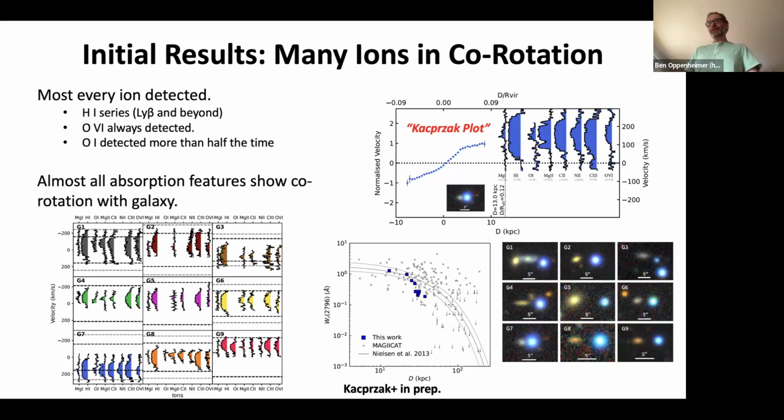We see that again here. And in fact, we can contrast the rotation curves in different ions. I'll give you more of a summary plot in the next slide. But all 9 galaxies, it's a 9-galaxy survey, show co-rotation in most ions.